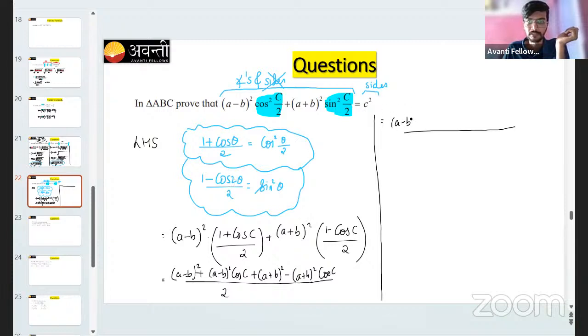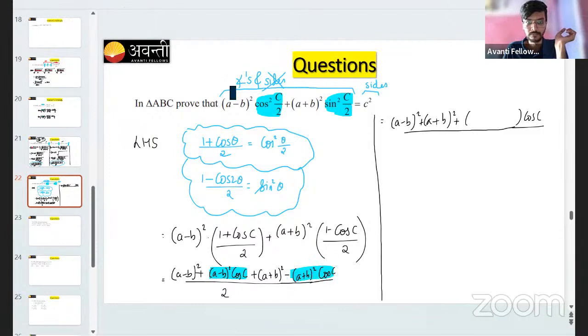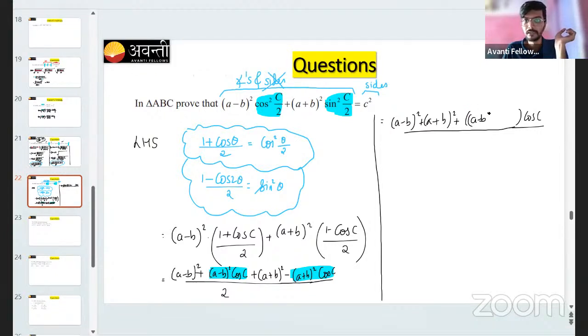So I'll get a minus b the whole square plus a plus b the whole square, plus I can take cos c common from these two, right? So what will I be left with? I'll be left with a minus b the whole square minus a plus b the whole square upon 2.